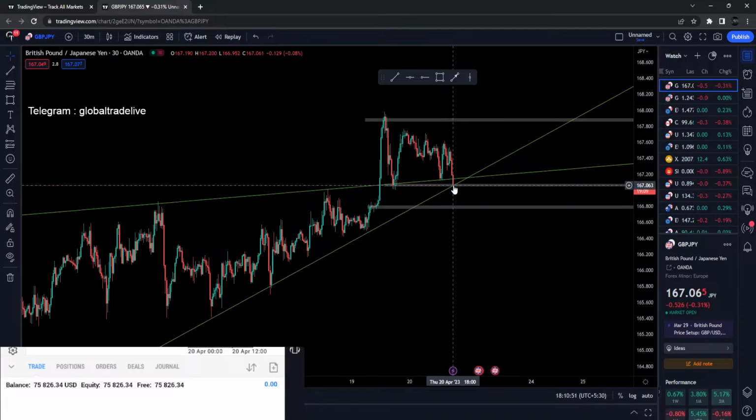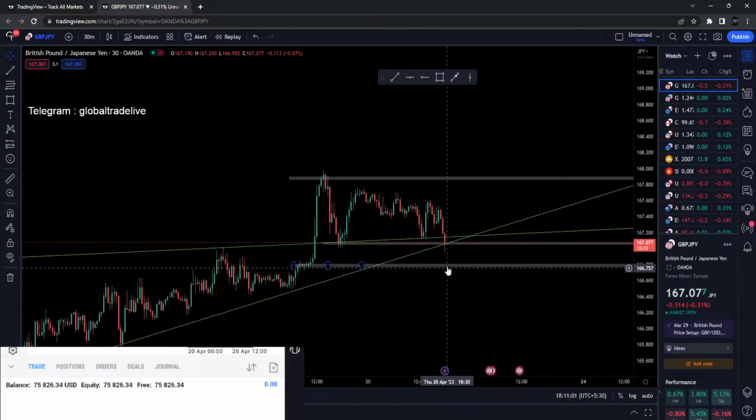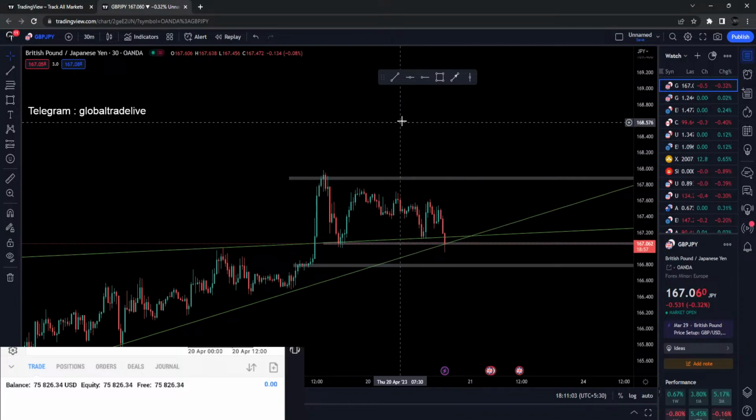So we have to keep in mind that the market can possibly shift the price up rather than down from this point. In case it really reverses up, then where can it possibly go?